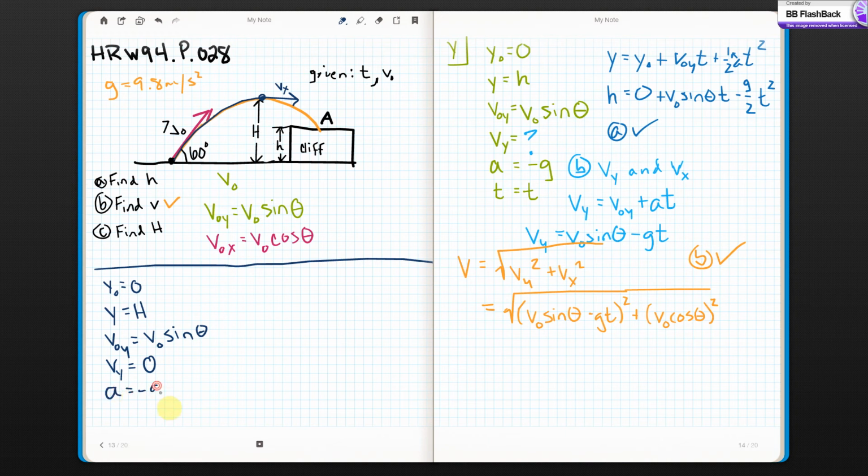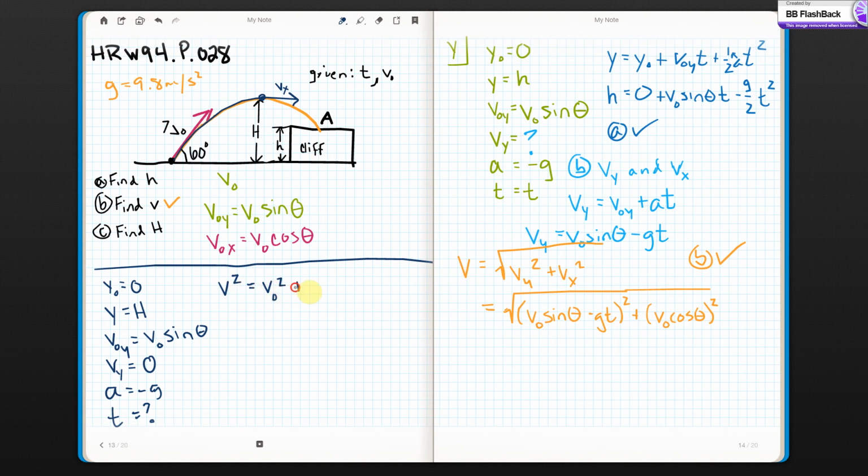A is still negative g, but this time I don't know the time. Unlike some previous problems that we've done, the time they give you is the time just to go from here to here. This is not symmetrical, so I can't just cut that time in half, so I don't have time. Which means the only equation that I have that I can use is this one.